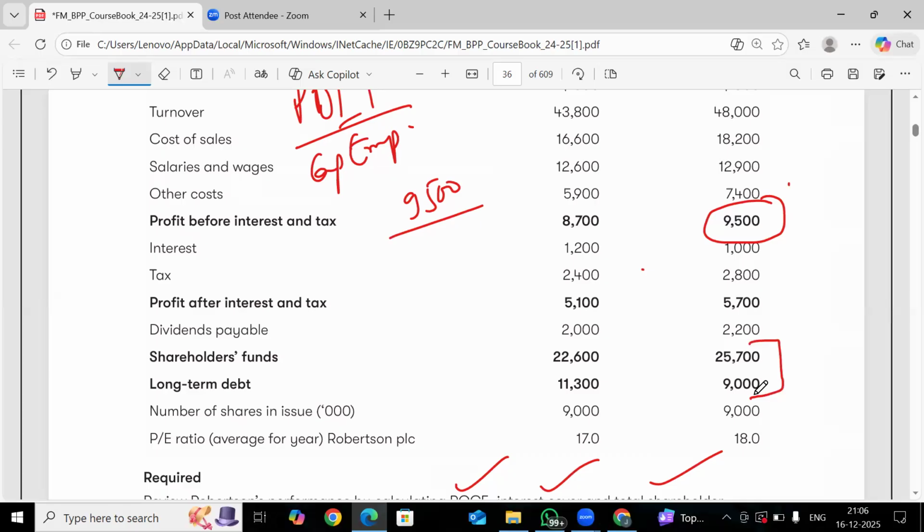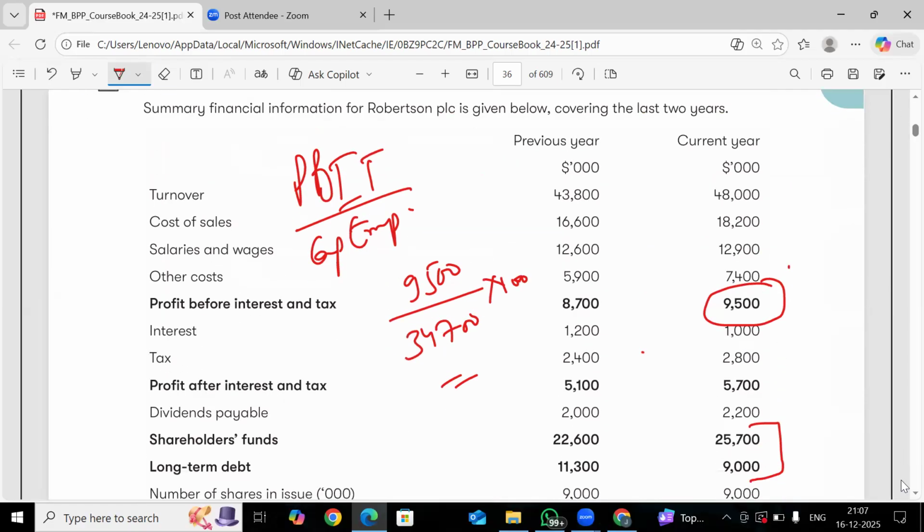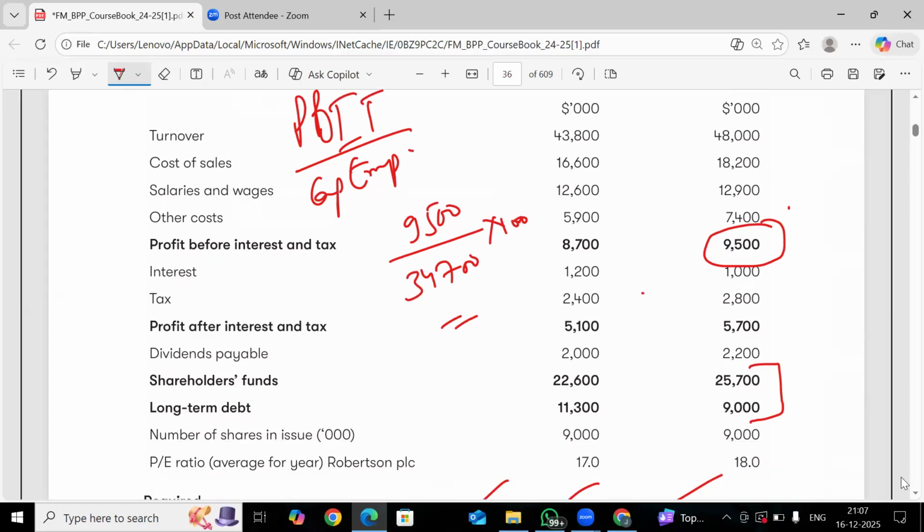Add both of them. Long-term debt. Yes, sir. Just tell me the answer. 27.3%. Next.